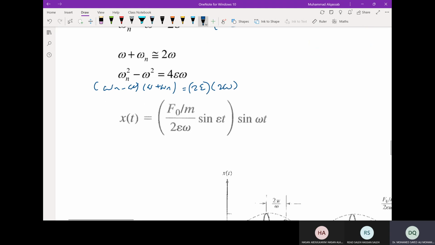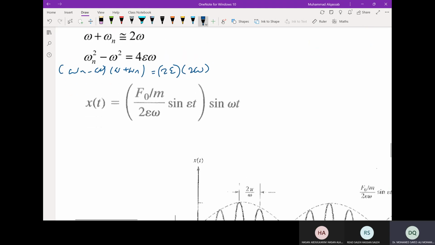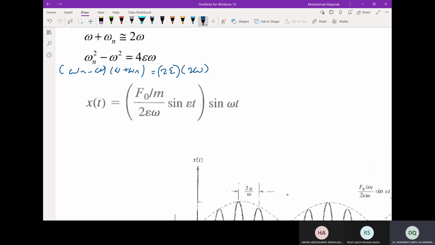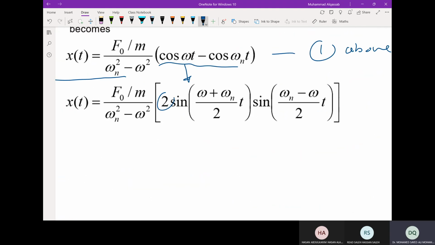So the response x becomes f naught over m over 4 epsilon omega, times 2, which gives divided by 2. There is 4 here, right? And there is 2 here. So 2 and 4, then you get divided by 2.